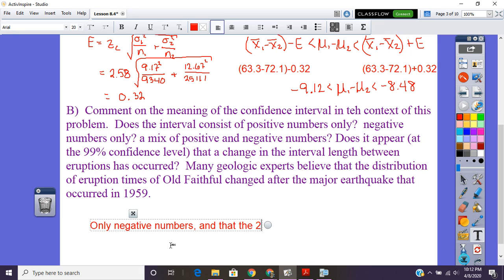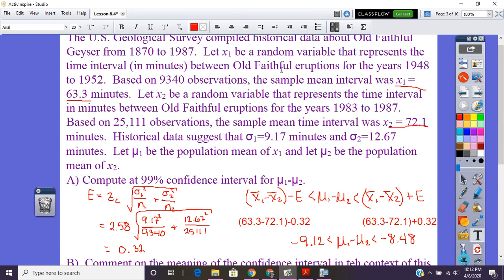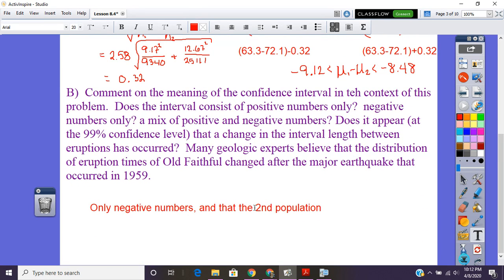and that the second population, so our second population, let's even be more specific, after 1952, because really it just did the from 1983 to 1987, so that the time between eruptions was lengthened since 1952.